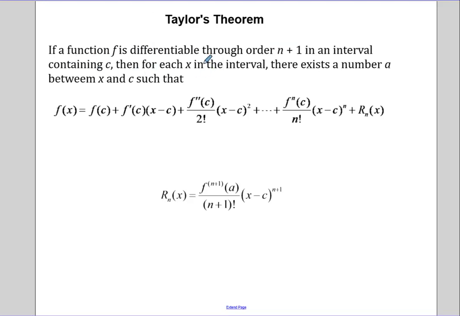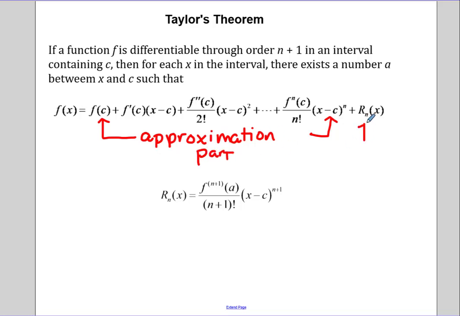We already looked at this definition last lesson, and you can see here that f of x, this is the approximation part. This is our Taylor polynomial. I'm going to call that the approximation part. And then this is the remainder, or the leftover here. So this is kind of like a review from last time.